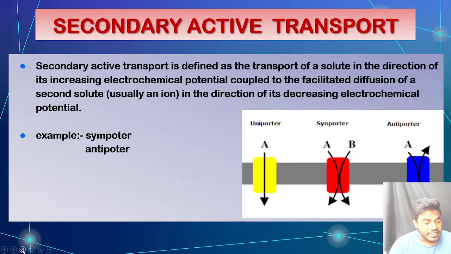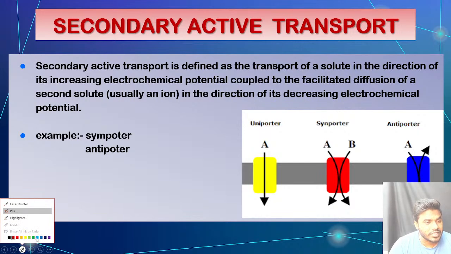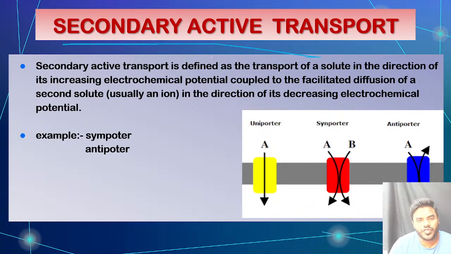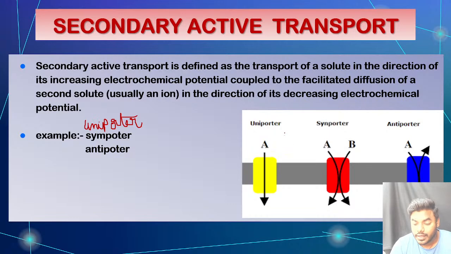Next one, secondary active transport. I already told you, friends, in secondary active transport, the movement of energy can be mediated by indirect sources. We will discuss it in the upcoming slides, don't worry. The best examples of secondary active transport are uniporter, symporter, followed by the antiporter.